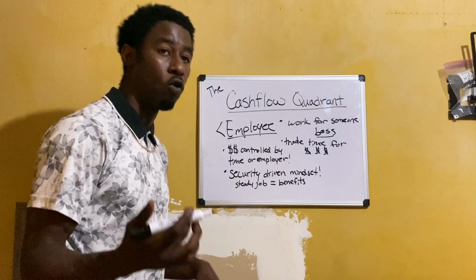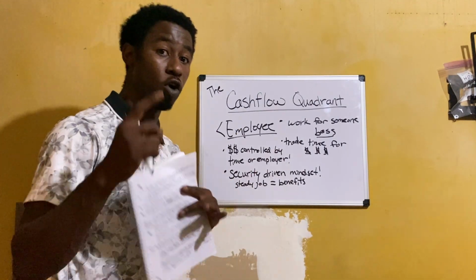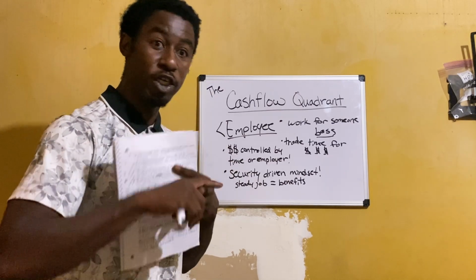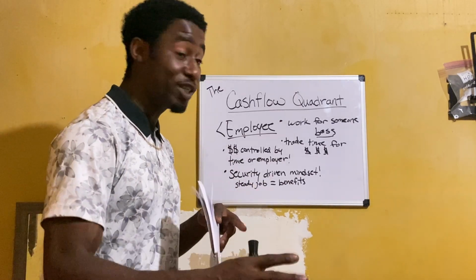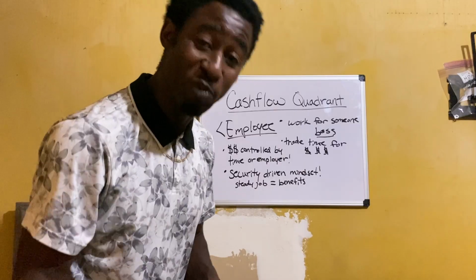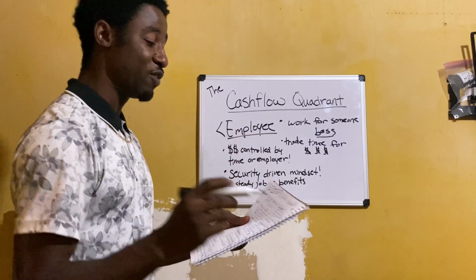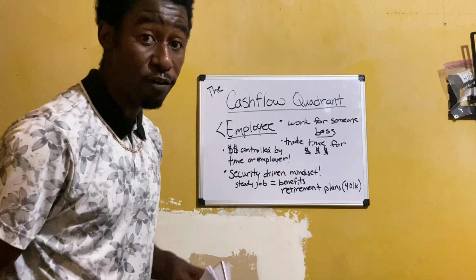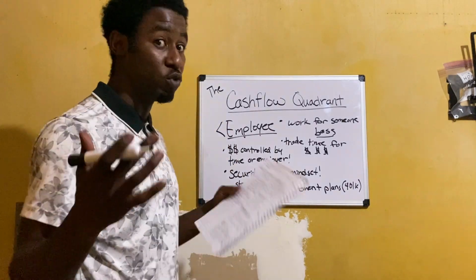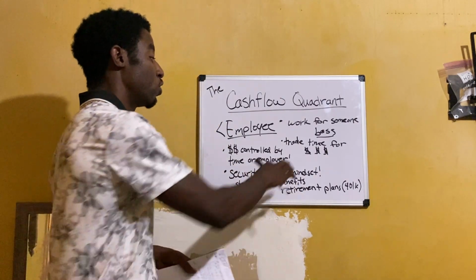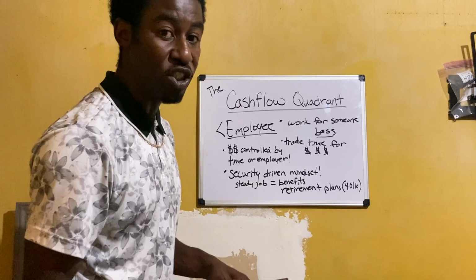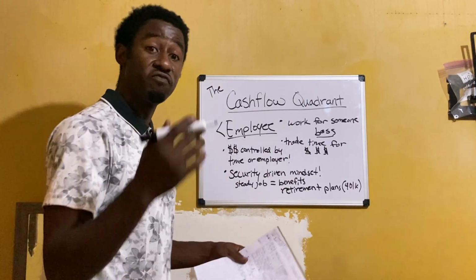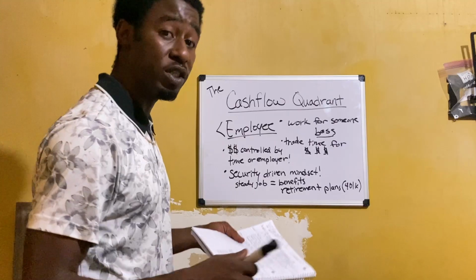I've worked in corporate, bro, those 401k benefits, dental insurance, health, vision, all that stuff, that's part of the reason I'm still an employee. The retirement plans, that 401k, you get that as an employee. So there are reasons why people choose to remain an employee. They have benefits. So let's go on to the next quadrant.